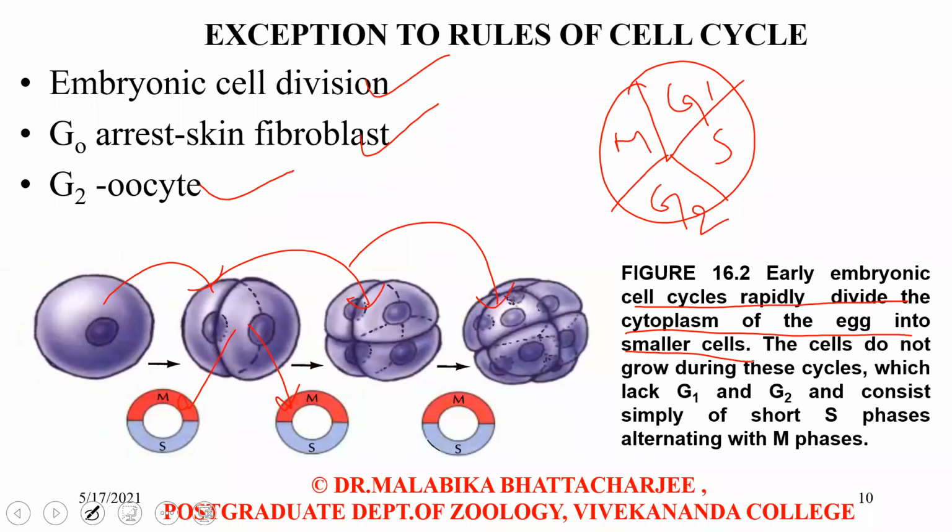Quietness is there. If you remember, last day I gave you this example that whenever there is a cut wound, blood starts oozing out. With blood come platelets. Platelets produce platelet-derived growth factors.